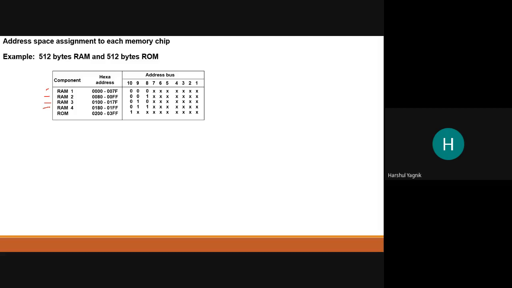Each RAM is of 128 bytes only. Out of the address bus, bits 1 to 7 are used for all the RAMs and ROMs. Bits 8 and 9 are used as a select for which RAM to use, RAM 1, 2, 3 or 4. And bit number 10 is used in the case of the ROM only.